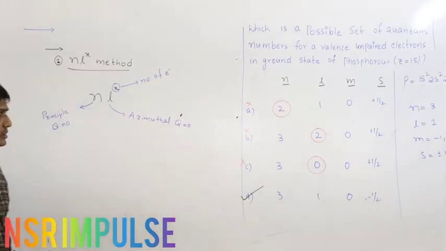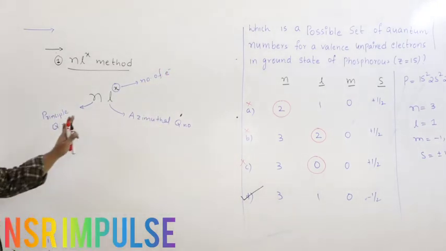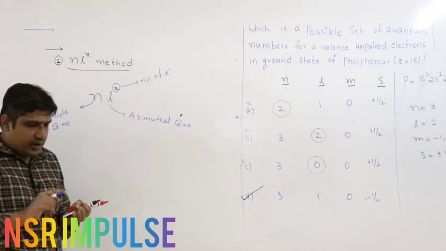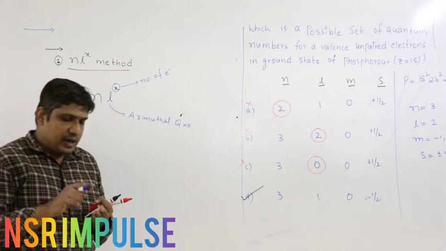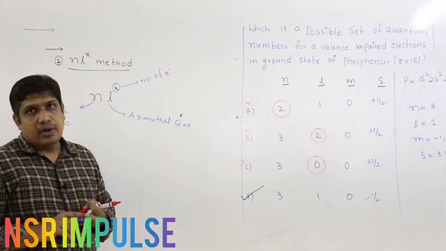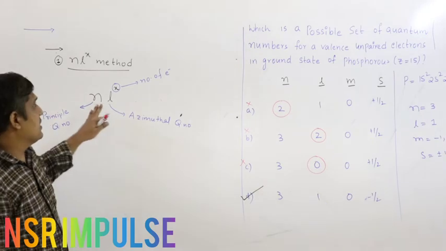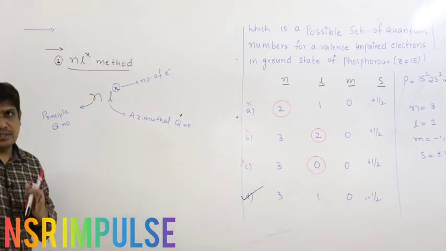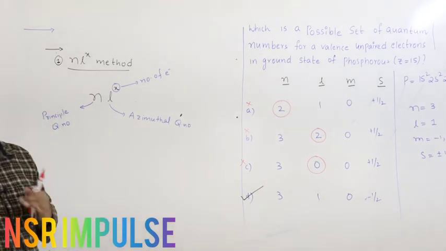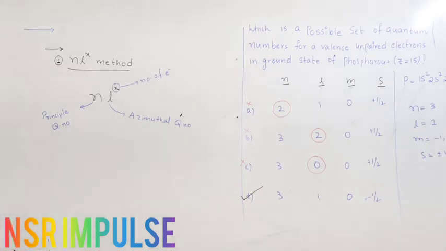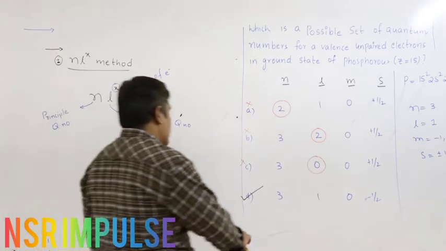If I follow the NLX method, you can write the principal quantum number, the azimuthal quantum number, and the magnetic quantum number, but we cannot predict the spin quantum number. That is a disadvantage of the NLX method. We can find three quantum numbers only. The other way of writing is the box diagram method.